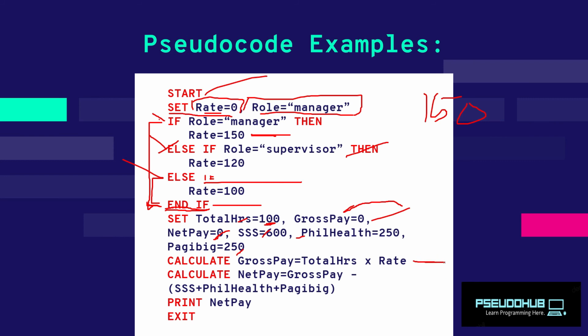So, minusan og mga pag-abot sa next nga line, i-calculate ito ang net pay. Sa net pay, we have gross pay, which is 15,000. Minus ang PhilHealth. Pila ba ang PhilHealth? We have 250 minus 250 minus 600.